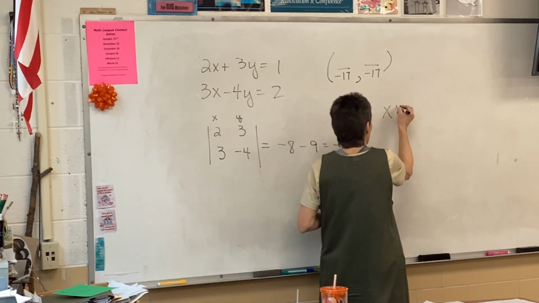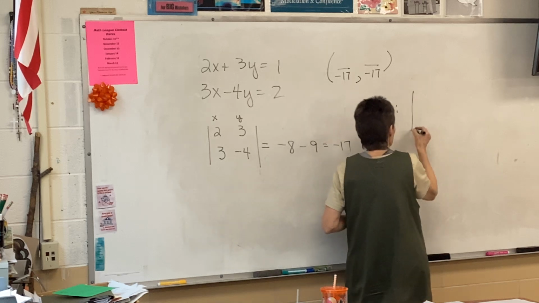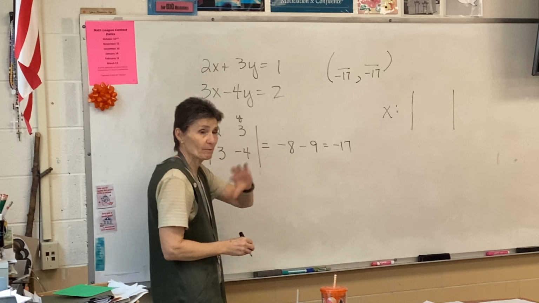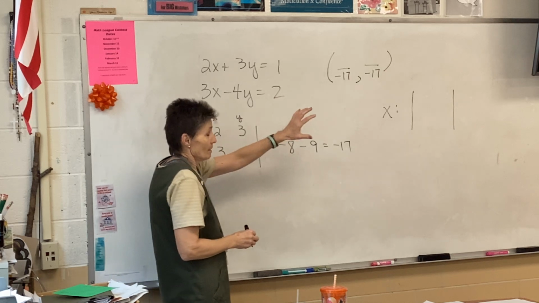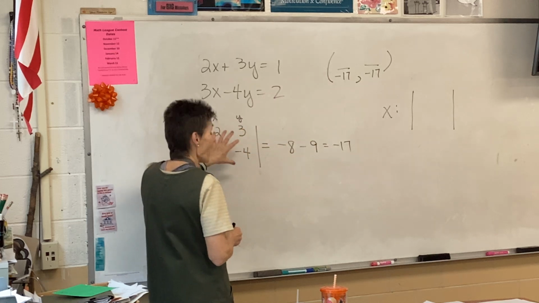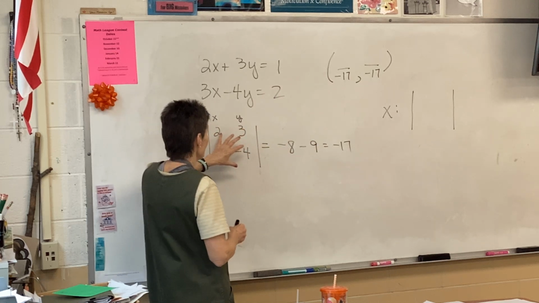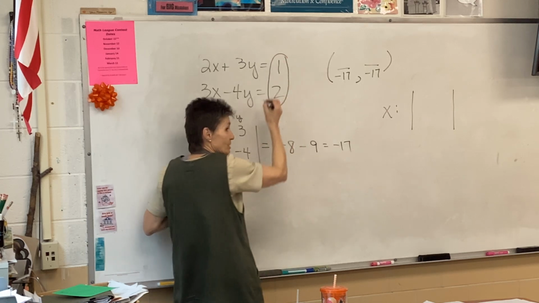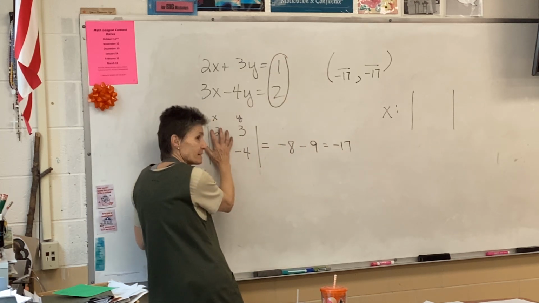Well, to find x, you're going to make another determinant. Now pay attention, this is easy, but you gotta remember how it works. To find the x numerator, go back to your original determinant. Cut these numbers out and paste them on top of the x column.